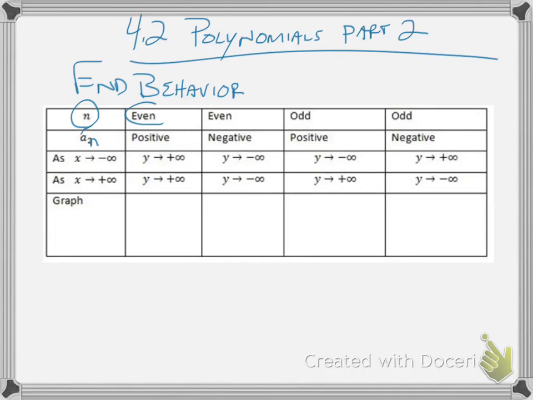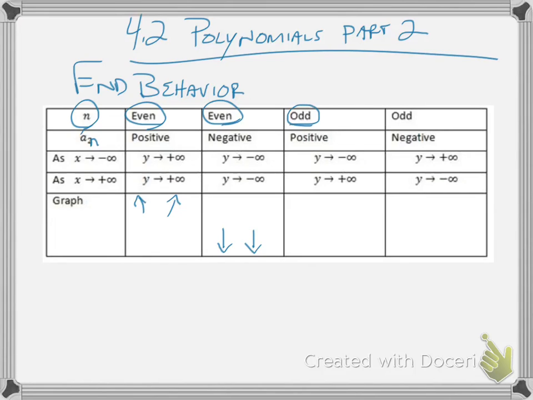So when the n is even, the y values of the graphs are going to be going in the same direction in the y direction. Okay, so they're both going to be going up, like in this case, or they're both going to be going down, like in this case.